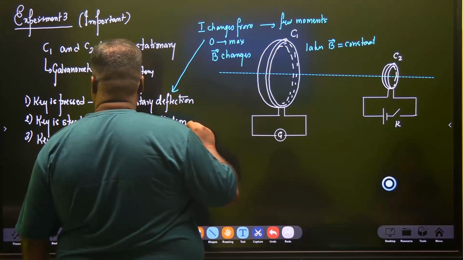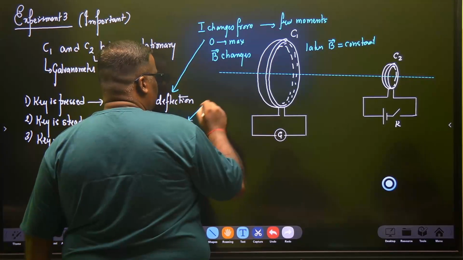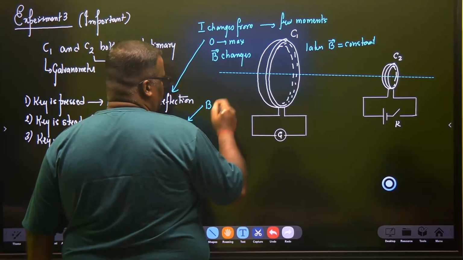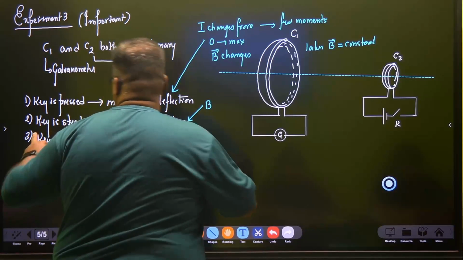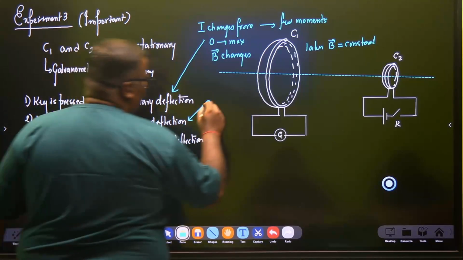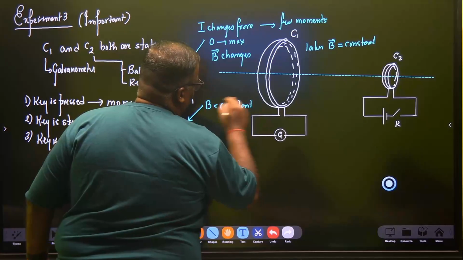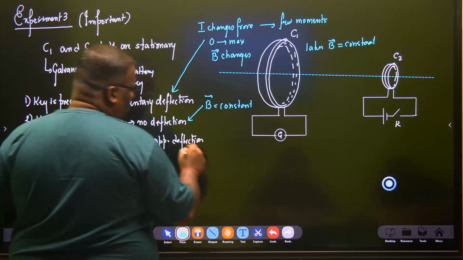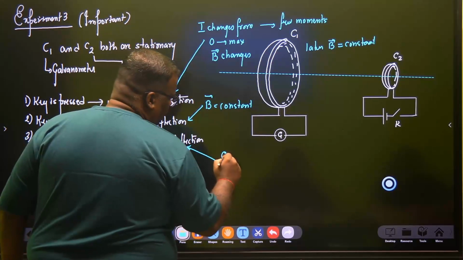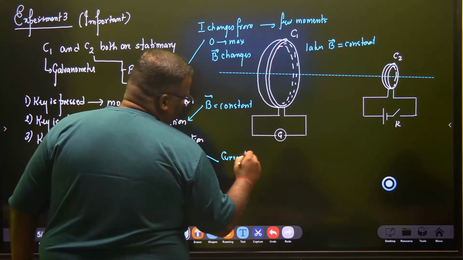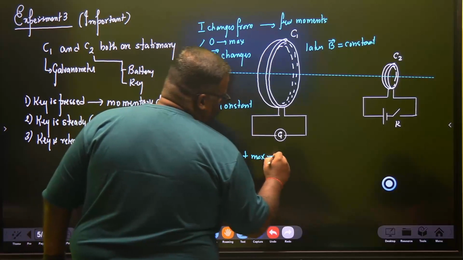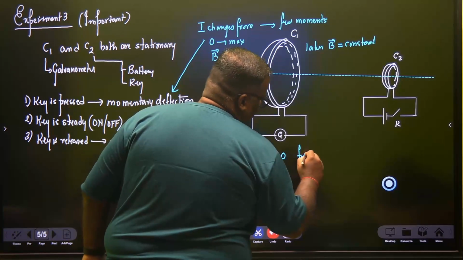When the key is steady, B is constant. And when you do this thing, then the current goes from maximum to 0 for few moments.